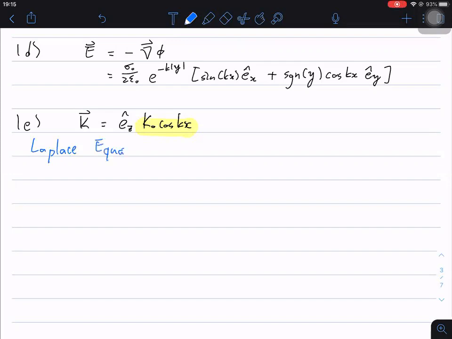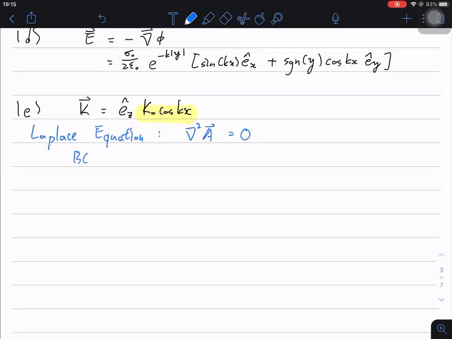Before that, let me write down the vector Laplace equation for the vector potential A. So we have this equation, and if we take a look at the boundary condition, again we have the partial derivative of A with respect to y for both above and below the plane, and then we take the difference, which should equal minus mu naught K. In our case, K is K naught cosine kx z hat.